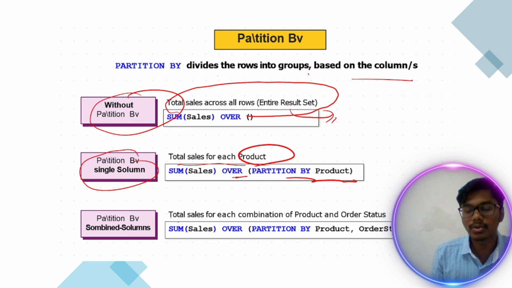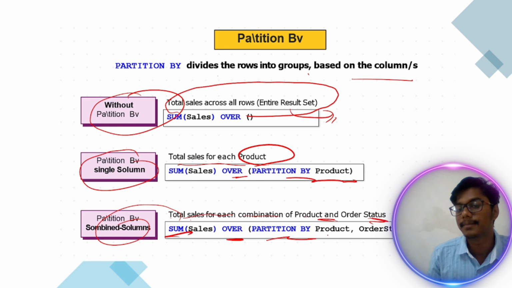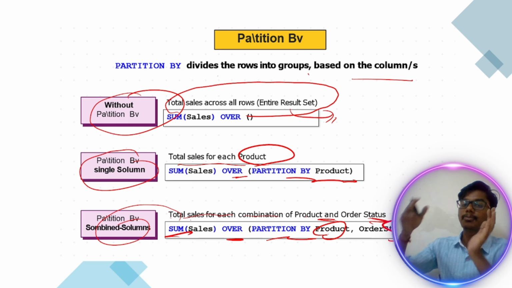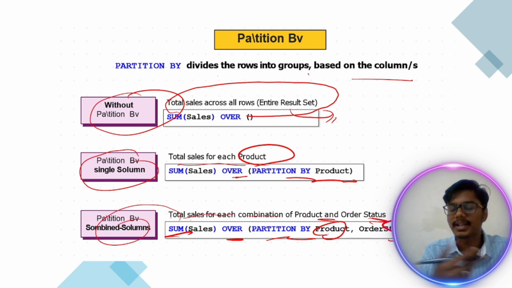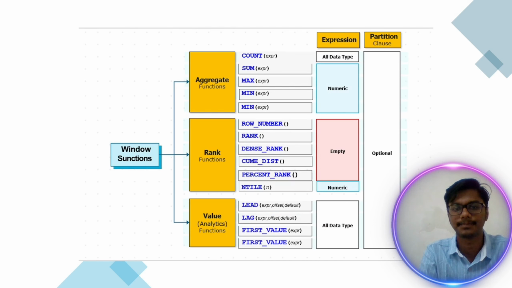We can also give combined columns: total sales for each combination of product and order status. SUM of the sales OVER PARTITION BY product and order status is calculated for each combination of product and order status. That's all about PARTITION BY.